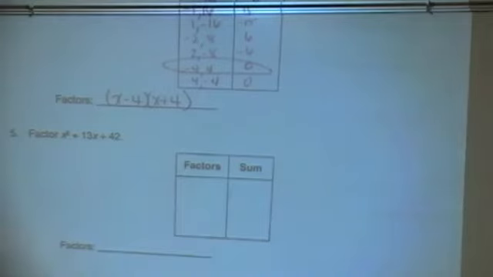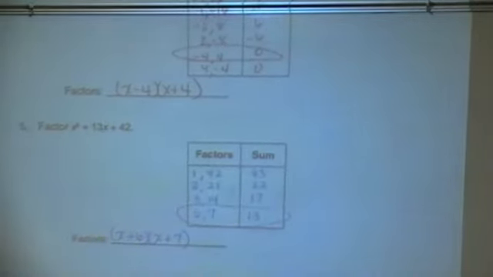Don't forget to ask yourself if there's a GCF. There's my factor sum charts.